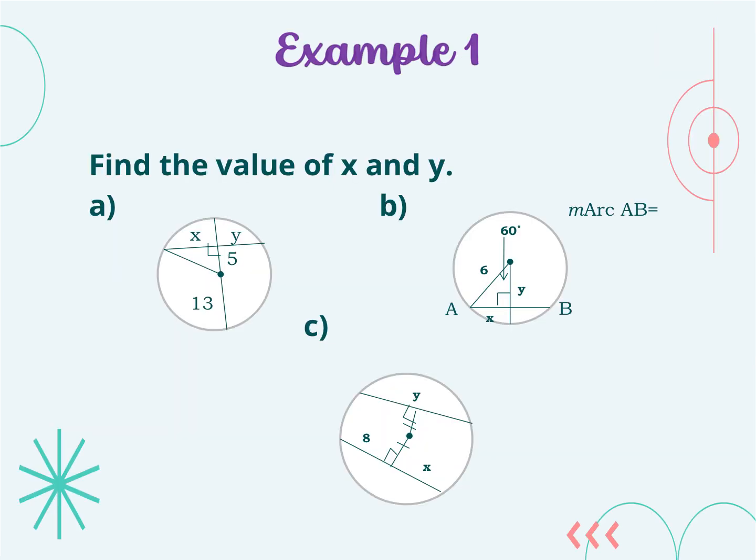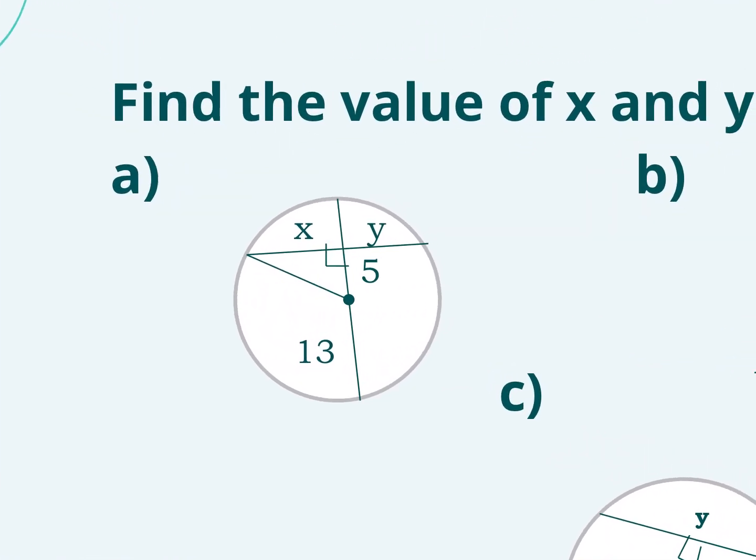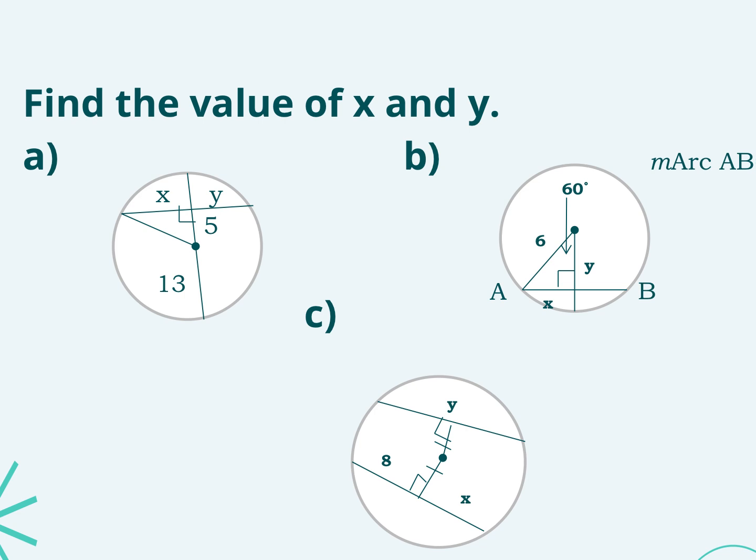All right, looking at the examples, let's go ahead and look at A first. They want us to solve all of these for X and Y, and obviously answer the questions if they do have a question. So with the first one, I'm solving for X and Y. Let's look at it with a couple things that we know.